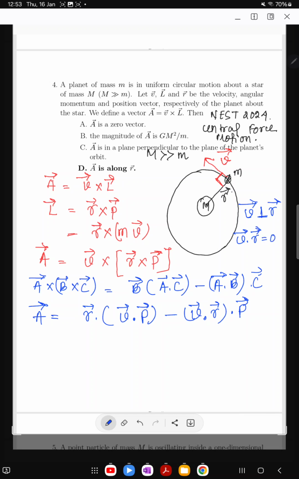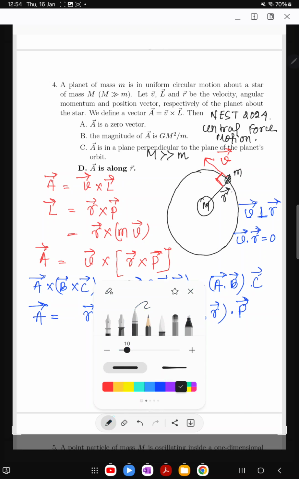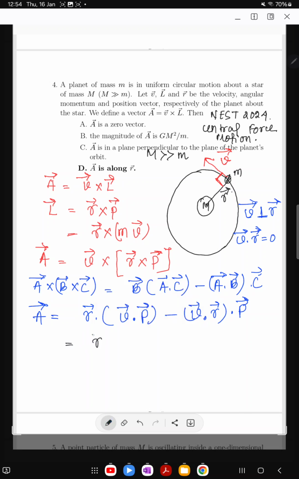On solving this equation, V dot P can also be written as m V, so the dot product gives m V square, the V modulus square, times the r vector. So the direction of the A vector is along the r direction, so option D is correct.